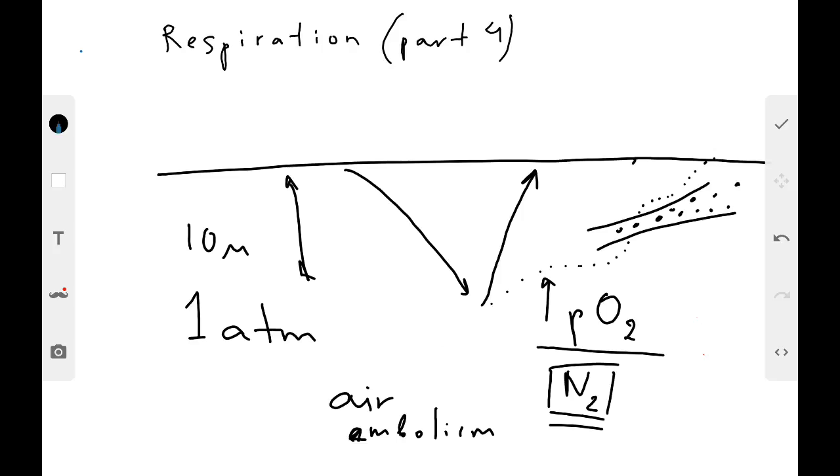But if a person makes a mistake, then he should be placed in the conditions with high pressure of air, in a hyperbaric chamber, or should be returned to the depth, and then nitrogen will again be in soluble state, and then he should ascend carefully and gradually, not too fast.